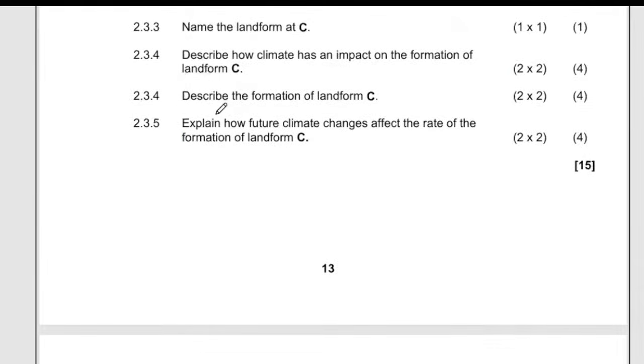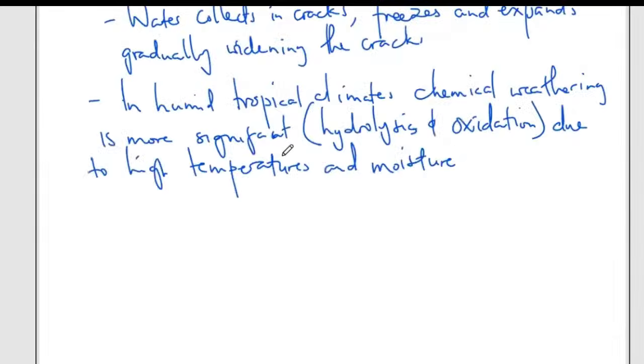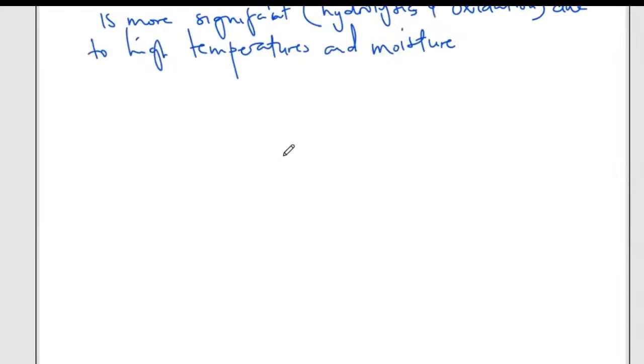The next question says, describe the formation of landform C. Describe the formation of granitic tors. How do the tors develop? That is question 2.3.5. Right, this process starts with an intrusion. When there's intrusive volcanic activity, the hot liquid rock finds its way into the Earth's crust and cools.